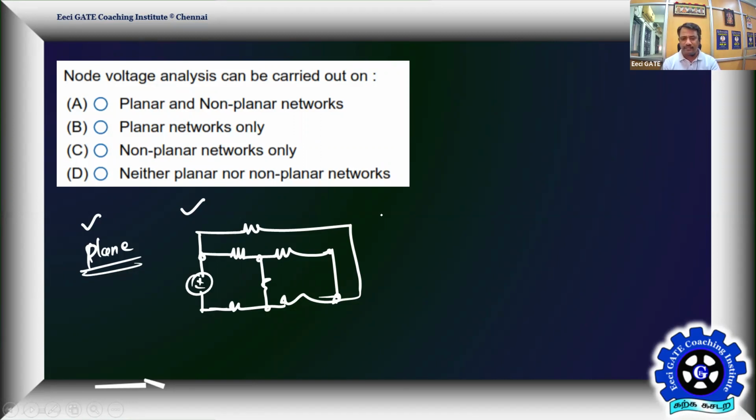I'll give you one more example. A non-planar circuit means something like this. So, a cuboid, let me represent something like this.